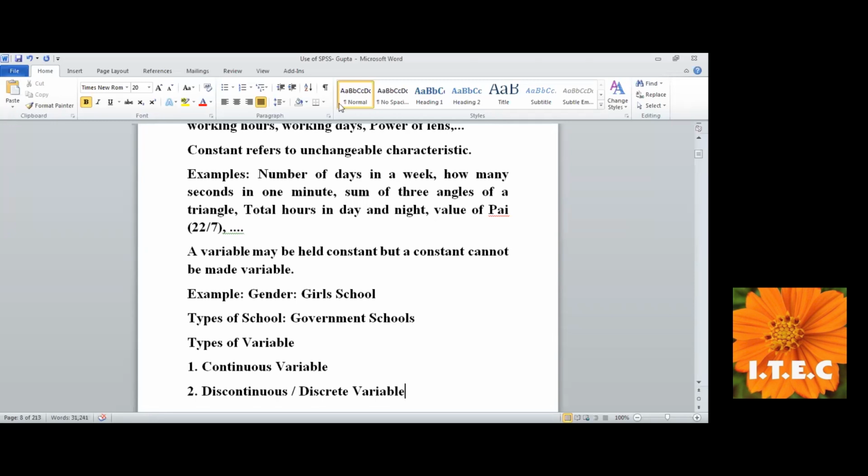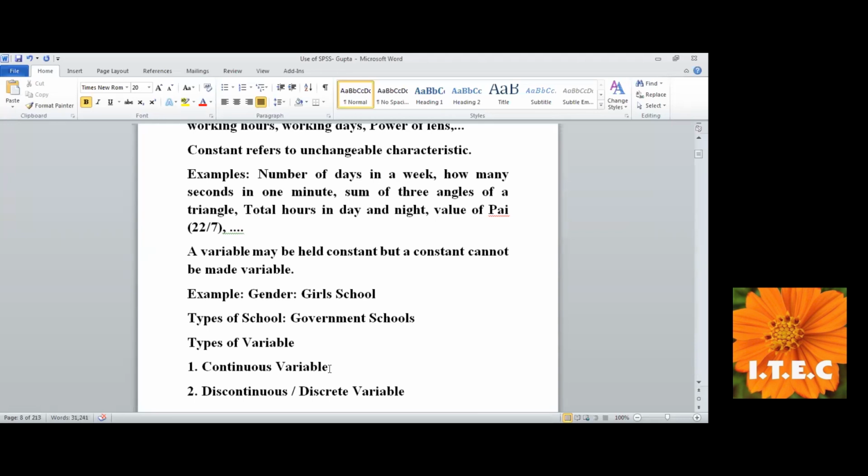So these are the two types of variable which are everywhere in all subjects, whether it is physics, chemistry, mathematics, geography, education, psychology, medical science, music, dance, painting, whatever is the subject.